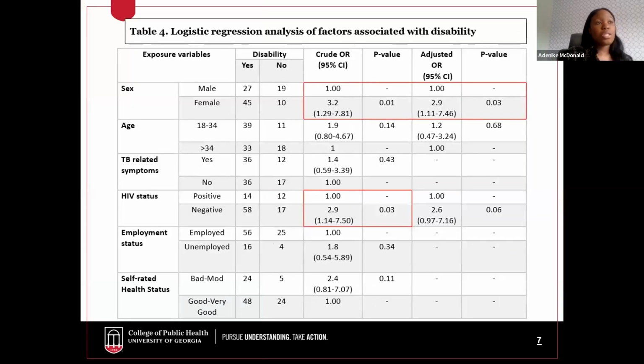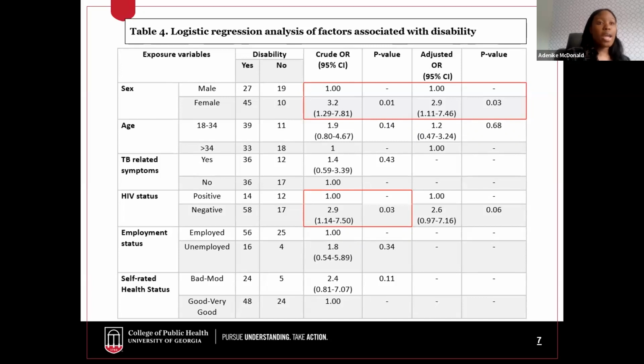Looking at our logistic regression output using our binary outcome variable of disability, yes or no, for a crude analysis, we see where only sex and HIV status had a significant association, with females being 3.2 times more likely to report a disability.